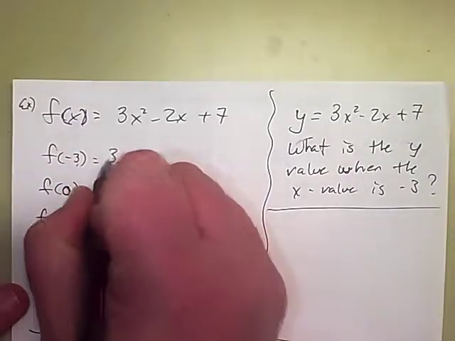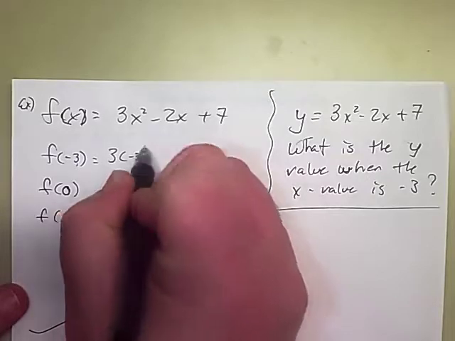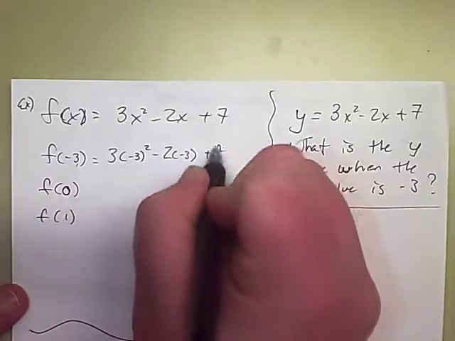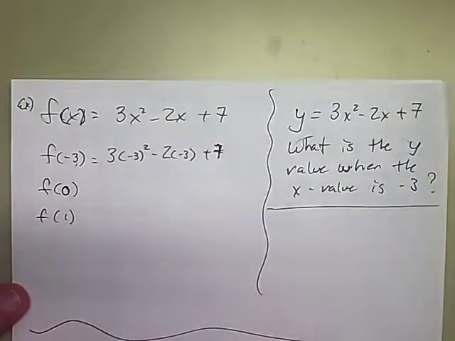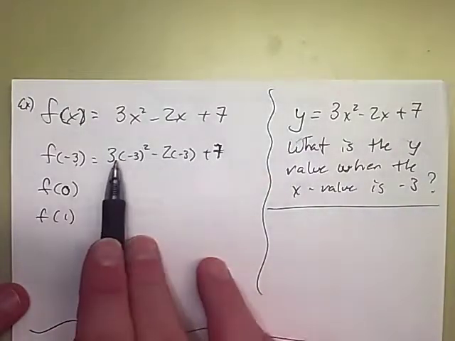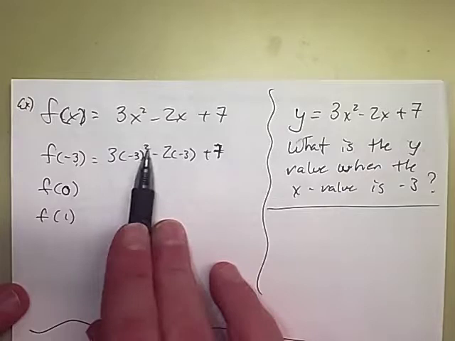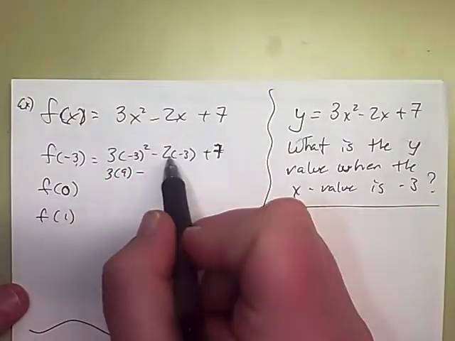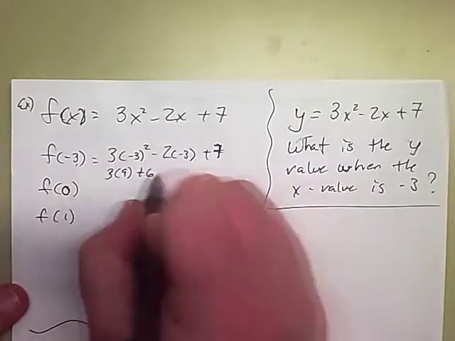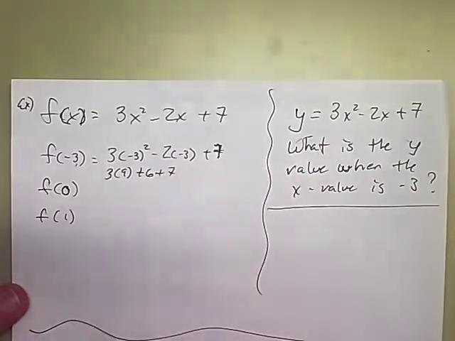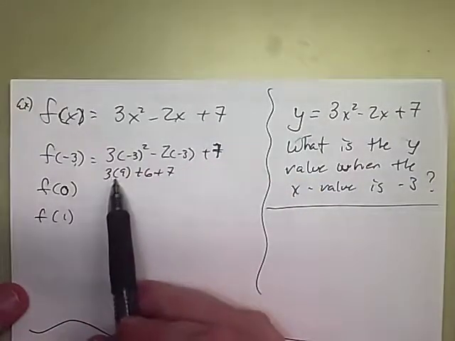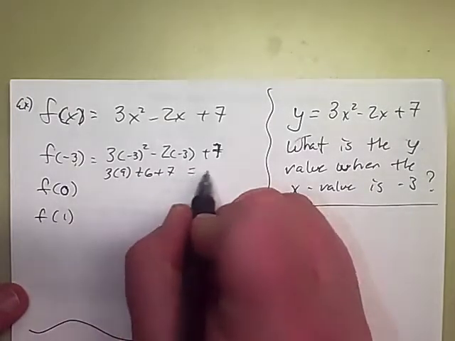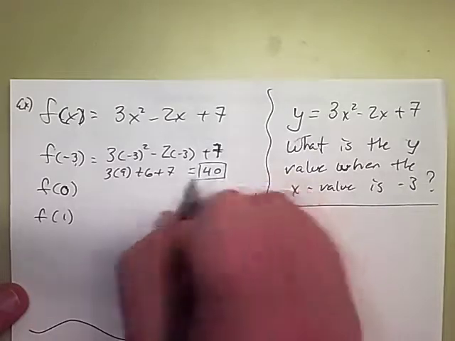Okay, I could do that. Replace x with -3. And then we could simplify from here, right? -3 squared is 9, so then I get 3 times 9. -2 times -3 is plus 6, plus 7. So 27 plus 6 plus 7 is equal to 40.